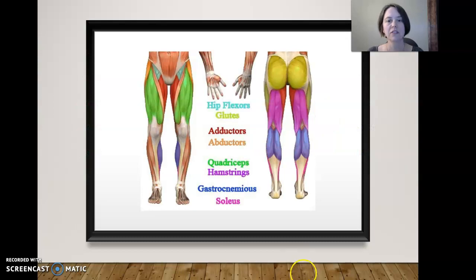All right, so let's get an overview because there are so many of them. We should talk about what they do. That could probably help you out. So you have your glutes, which is your buttocks, and then you have your hip flexors in here, and also deep to your abdominal muscles. Your adductors are in here on the medial side.